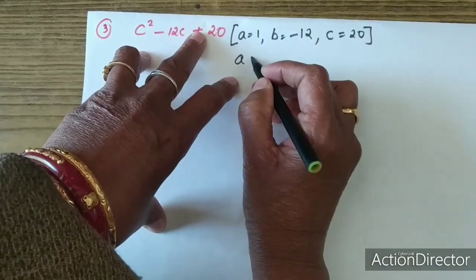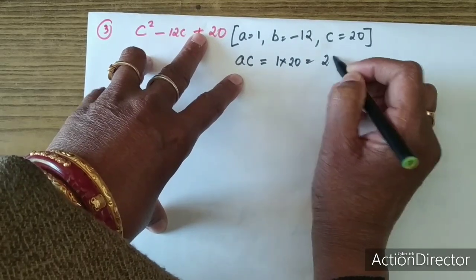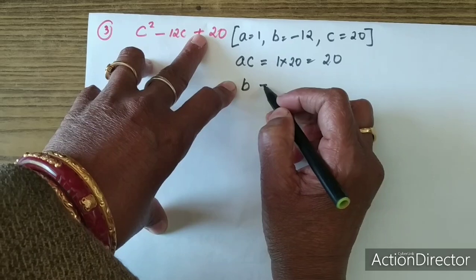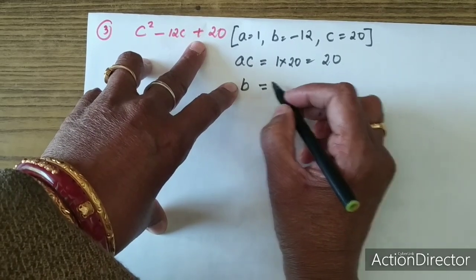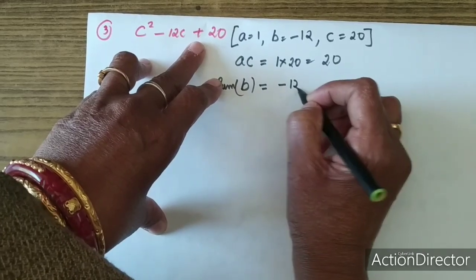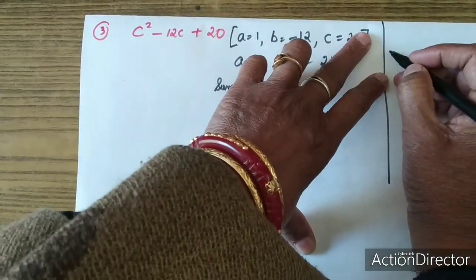So my product AC will be equal to 1 into 20 is equal to 20, and the middle term, that is sum B, is equal to minus 12.